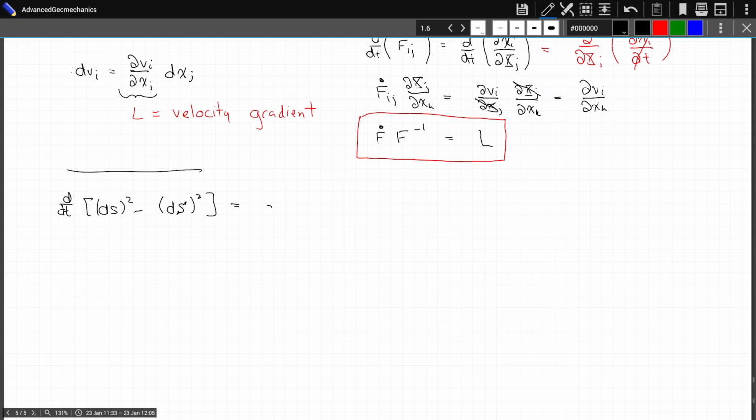As we already derived, this is equal to 2E, in terms of the Lagrange strain, dX. If we want to take d/dt of that, that's also equal to d/dt. Again, all of these derivations we've already covered, so you can look back.